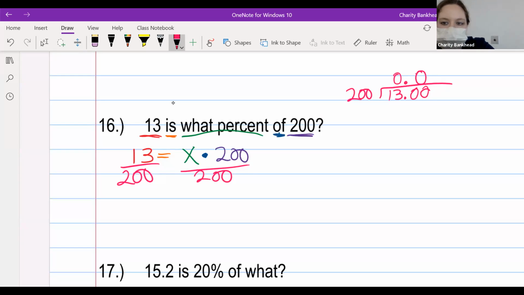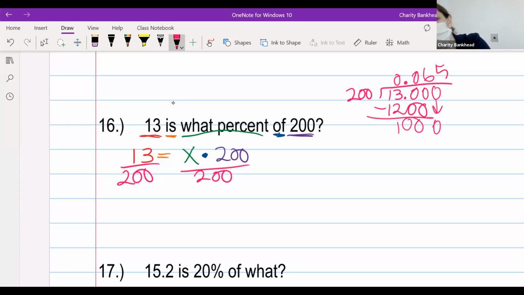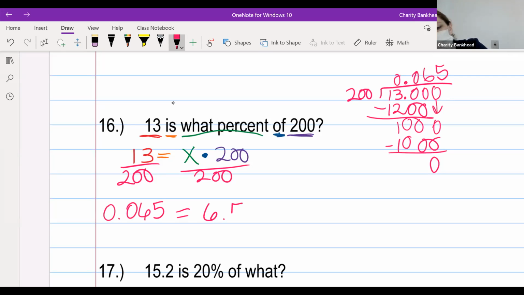So 200 into 1300 would go in 6 times. 6 times 200 is 1200. And then 1300 minus 1200 is 100. And then bring down another 0. So 200 would go into 1000 5 times. So 13 divided by 200 equals 0.065. And they wanted to put that in the form of a percent. So that would equal 6.5%.